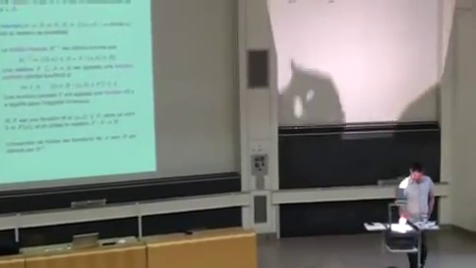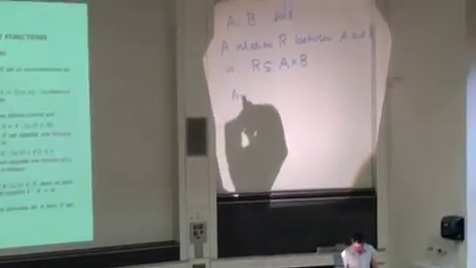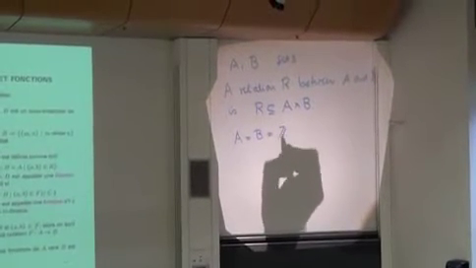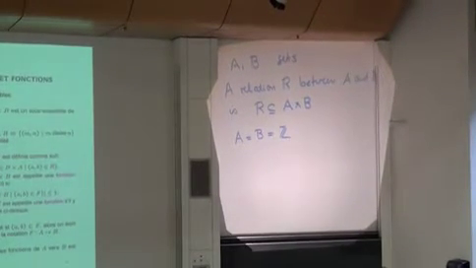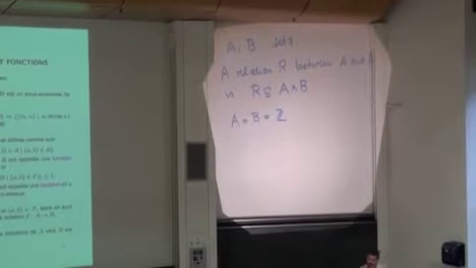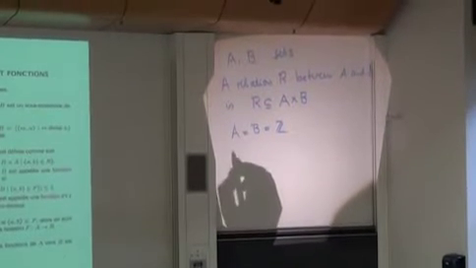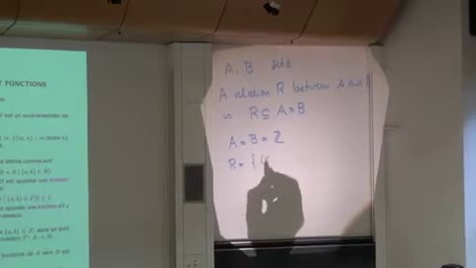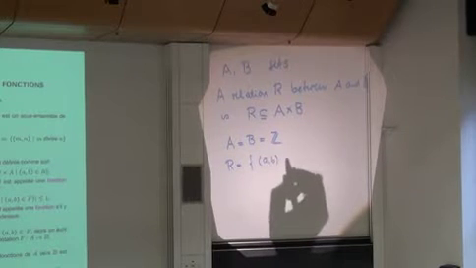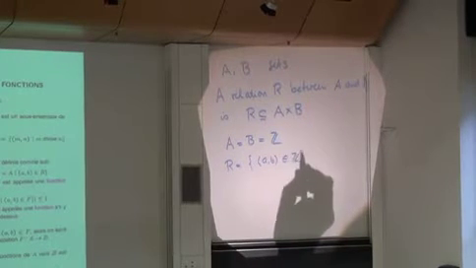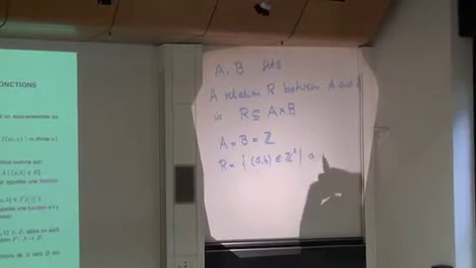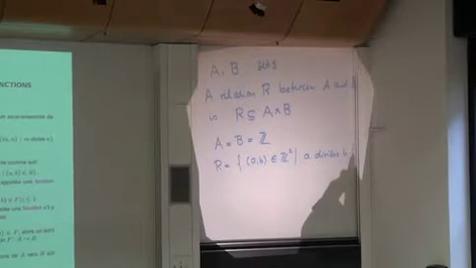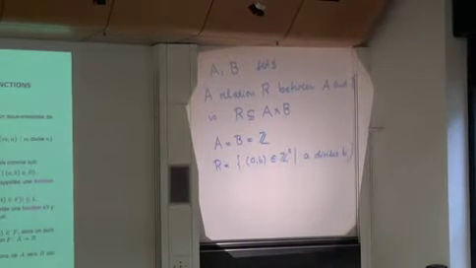Let's look at the case where A = B = Z, the set of integers. And I'm going to look at the following relation. R is the set of all (A, B) such that A divides B. That's also a relation.